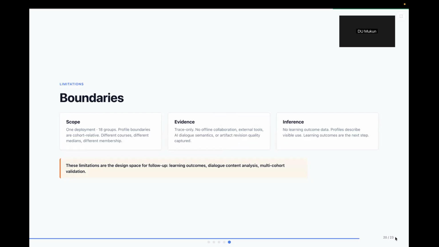And of course, we have some limitations in our system. The first one is that this is a relatively small deployment. We only have 18 groups as the marked information. The second is that we have only used the traces on this platform.